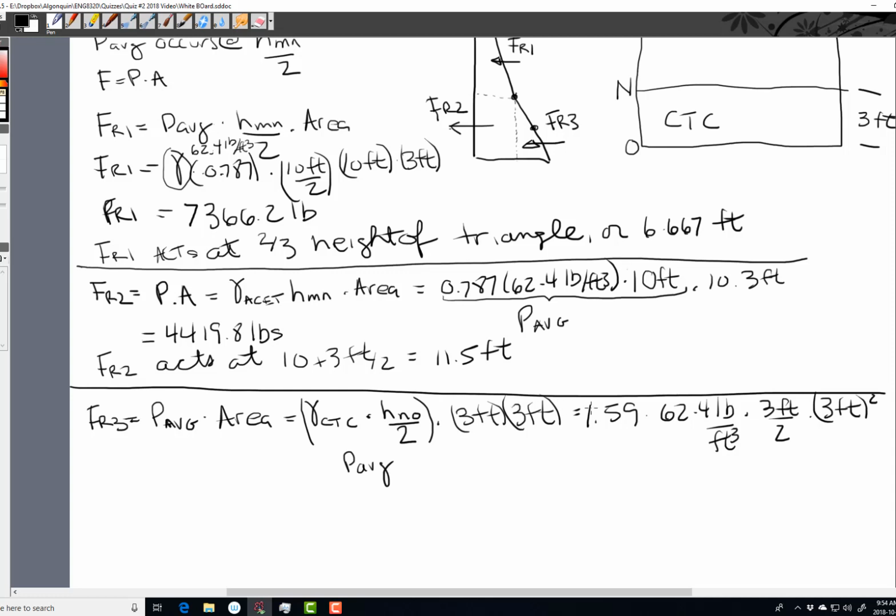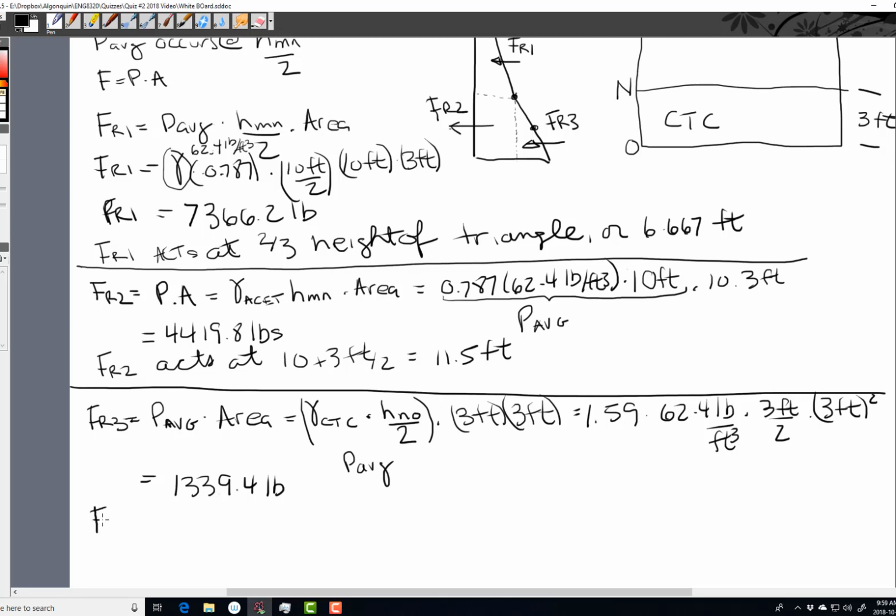That's just squaring those two there. And all of this equals 1,339.4 pounds.